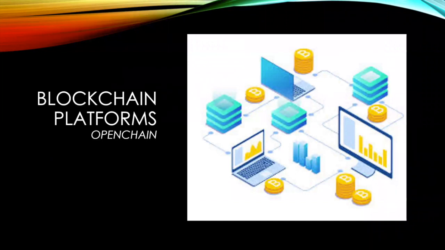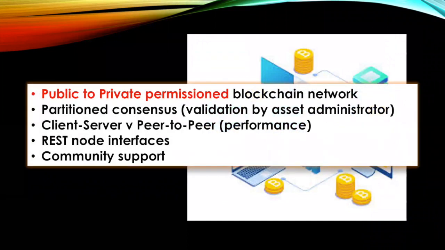And the last one is openchain. Openchain you can do either public or private, so you can go back and forth, or you can set it up to do one or the other. It does what's called partitioned consensus, which effectively, whoever administers the specific assets that are being dealt with at any given time are the ones that assign the validation.